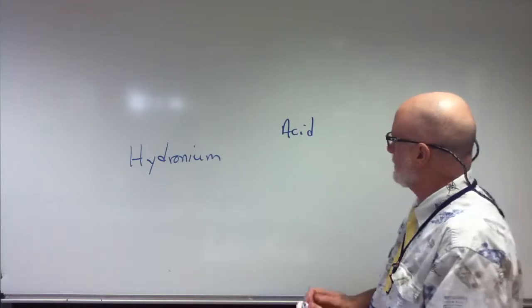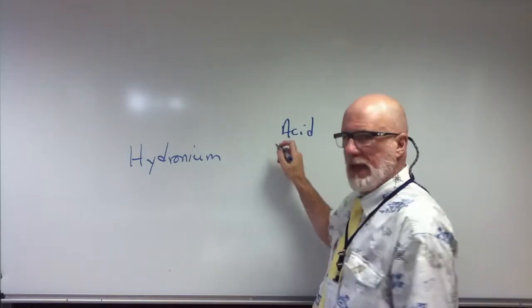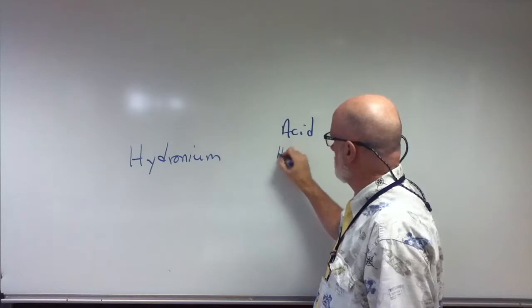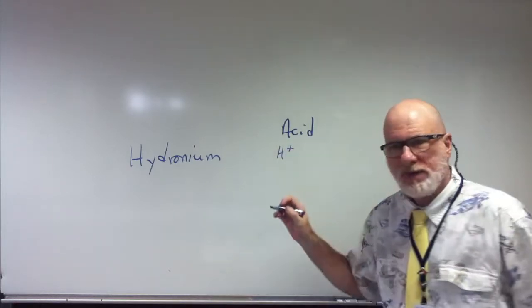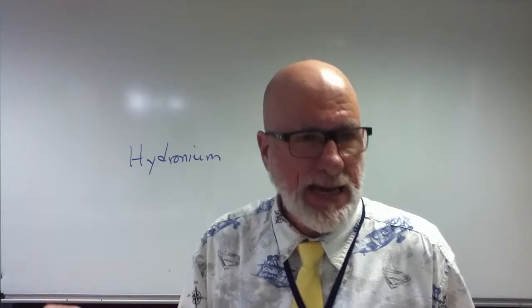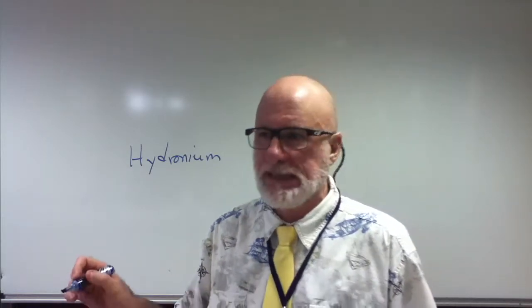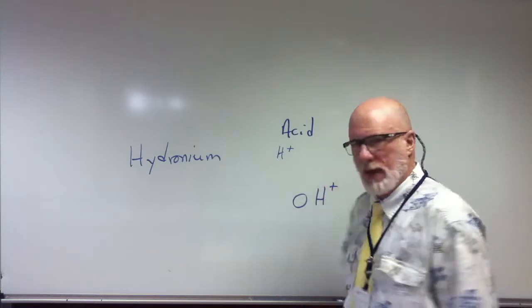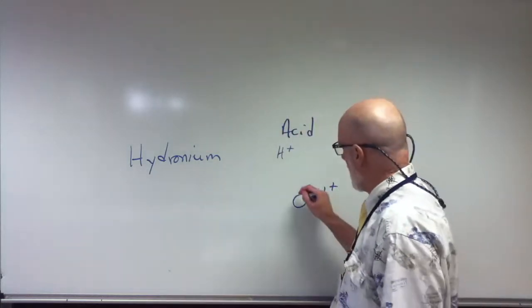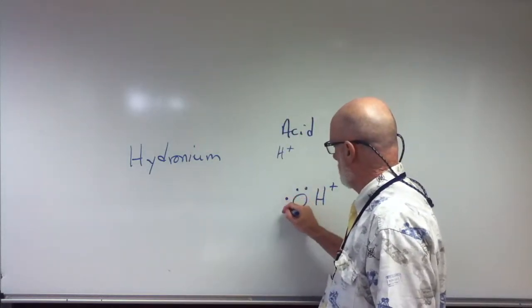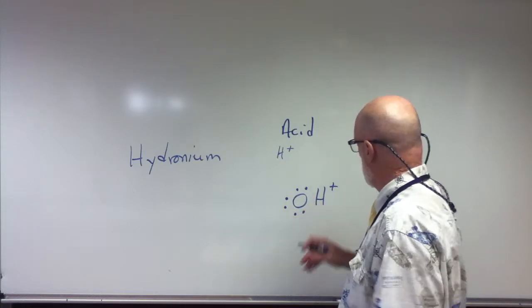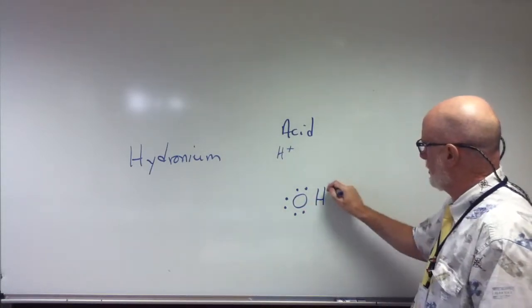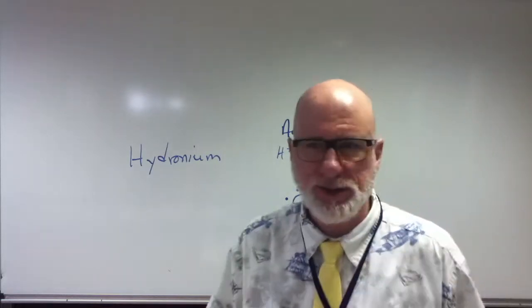What's a base? What is a base? A base is the one that accepts the ion. A base accepts the proton, for instance. I have OH−, correct? And what does that mean? That means I have three pairs of unbonded electrons, don't I?